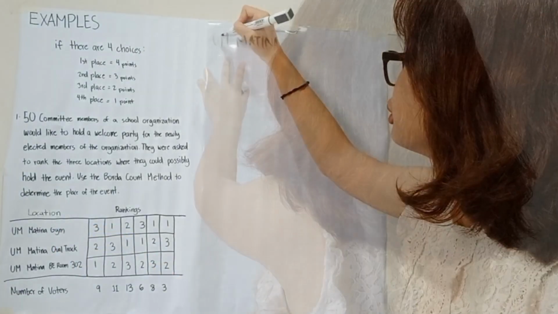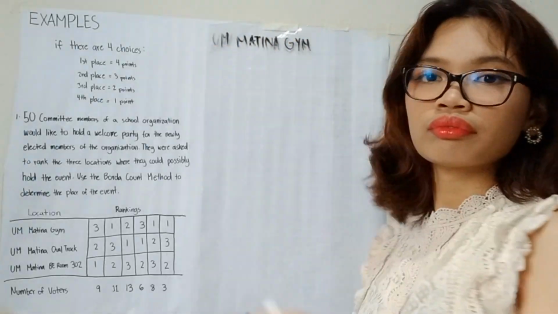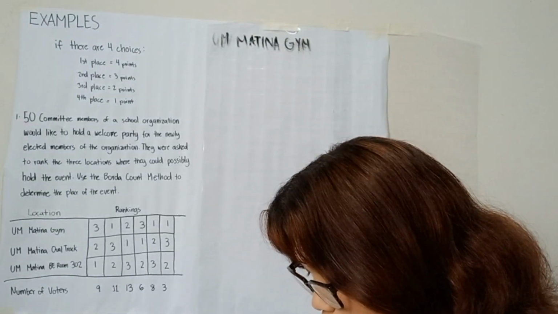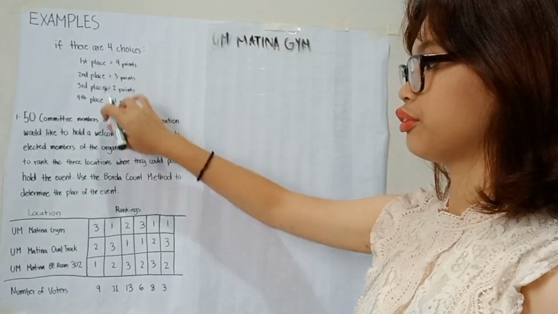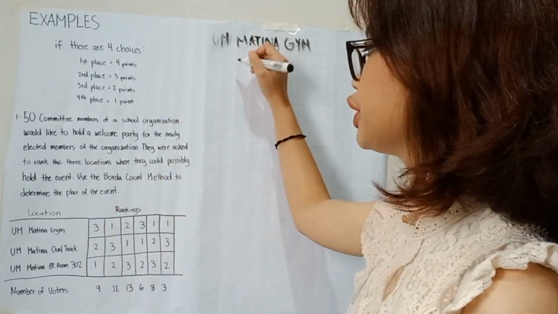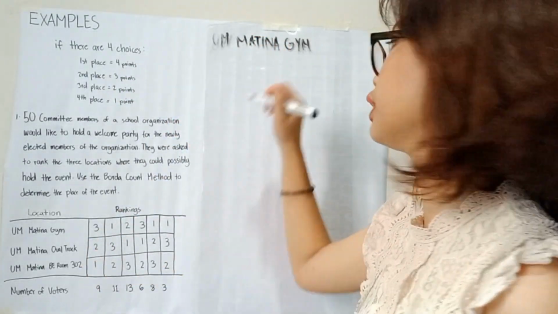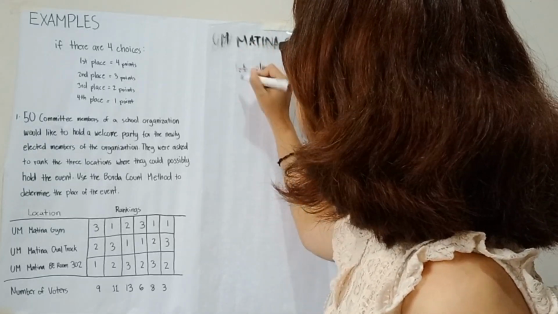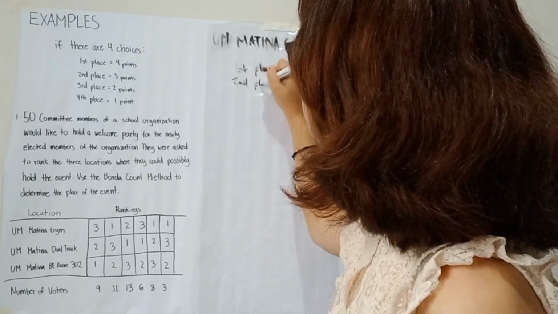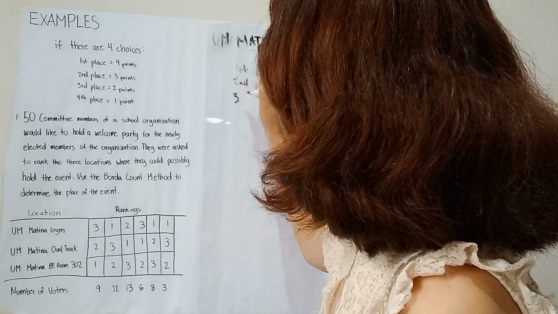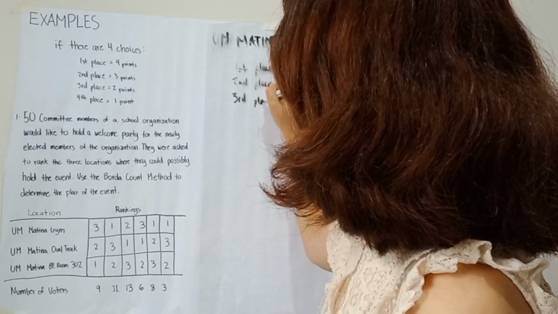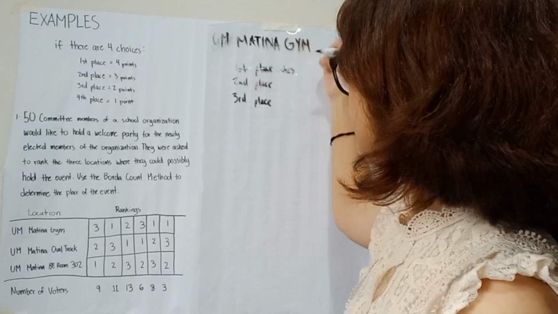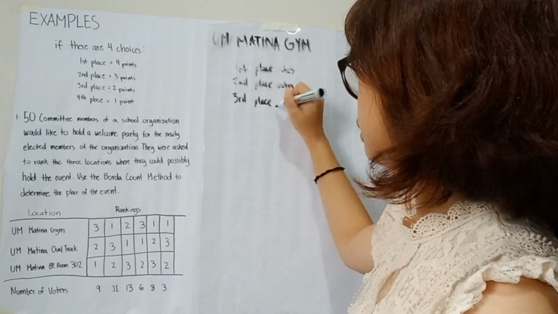Matina Gym. First, let's put the places. We have three candidates, so there are 3 places: the first place, second place, and third place.